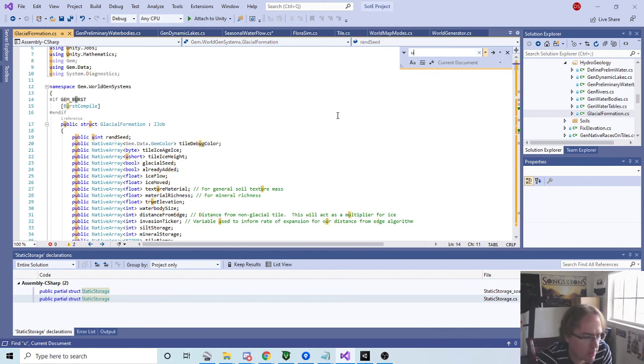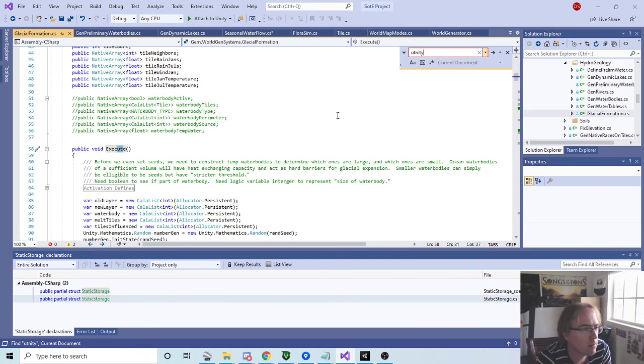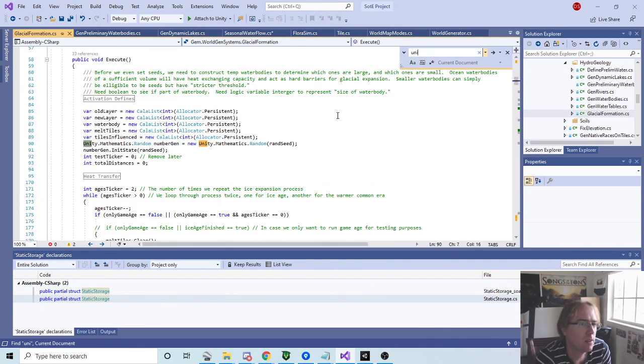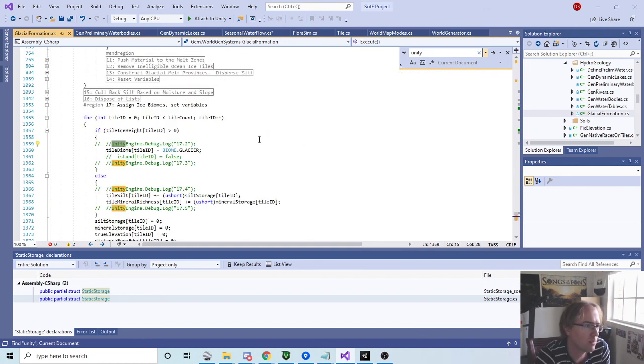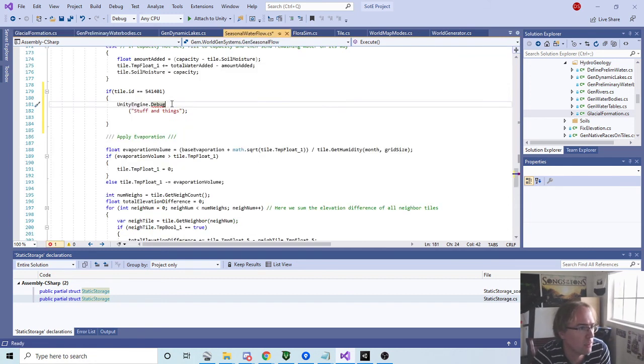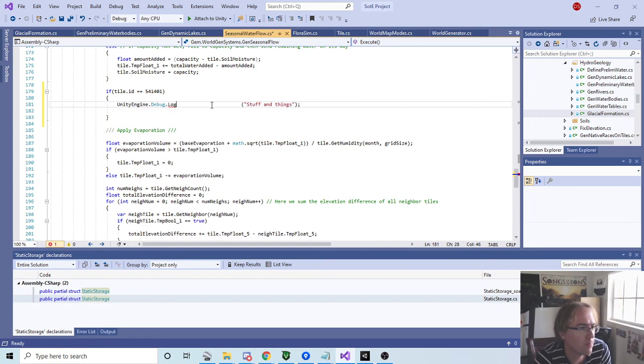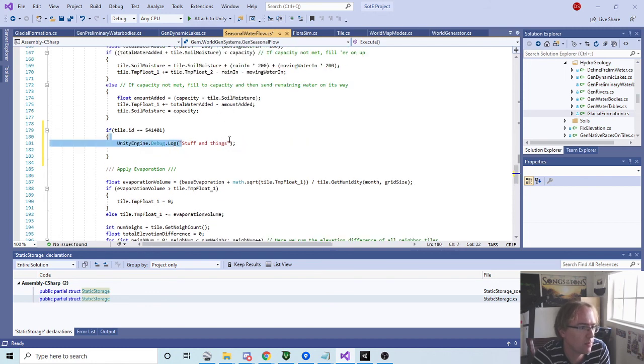Oh, for fuck's sake. Unity engine.debug. Oh, .log. That's right. Here, I'm gonna build some muscle memory here. Dot. Oh, it was right there the whole time. I didn't even notice. Alright. Stuff and things. Okay. Acceptable.